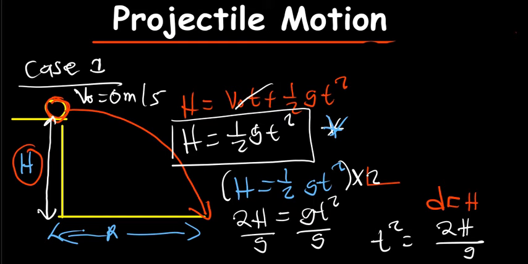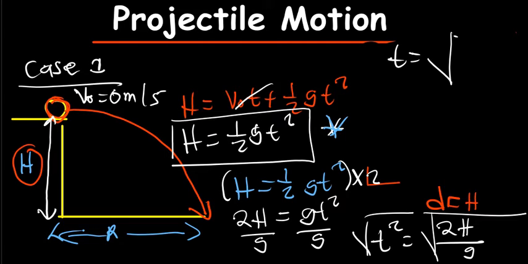So if I get the square root of both sides, t will be equal to the square root of 2h, where this h is h max, meaning the maximum height of the building, divided by g. Guys, believe me, this formula is very, very important under the first trajectory.